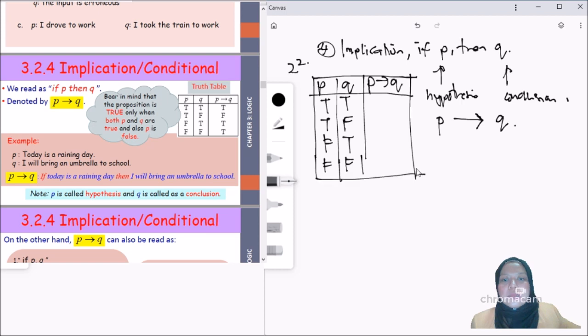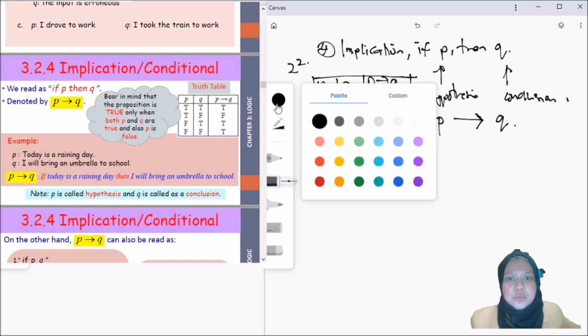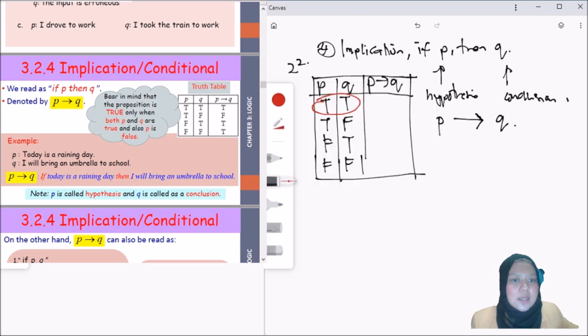Bear in mind the proposition is true when both P and Q are true, and also when P is false, because the hypothesis is false.